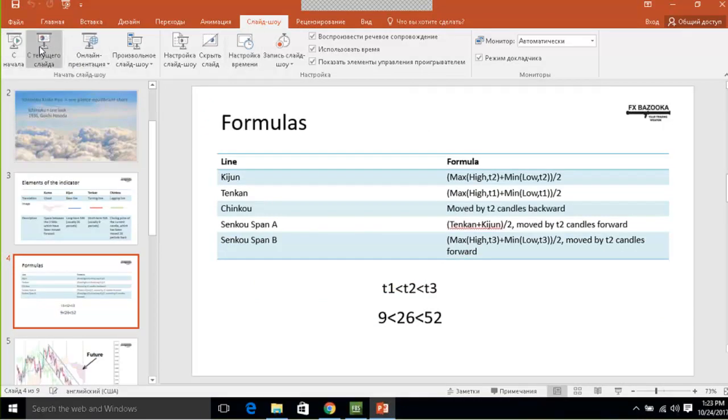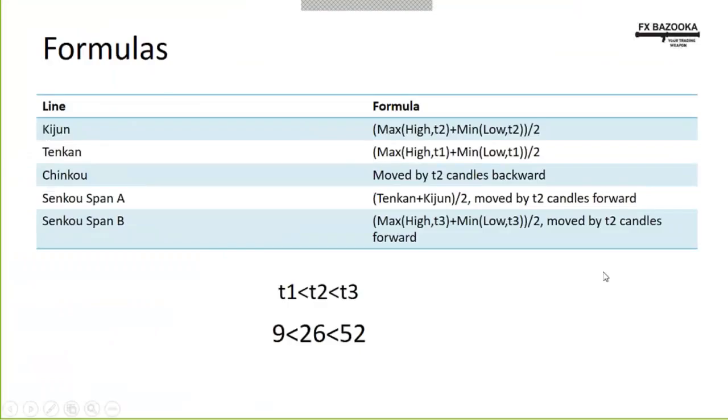I want you to have a look at the formulas. It's not necessary to get deep into this. The main idea you need to grasp looking at this slide is that there are 3 periods of time which are used in the Ichimoku indicator. So we have here time 1, time 2, time 3.